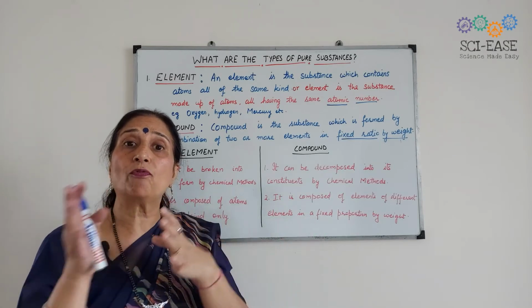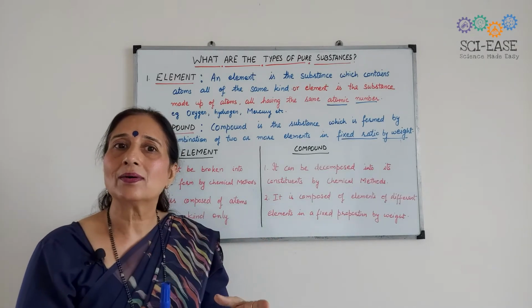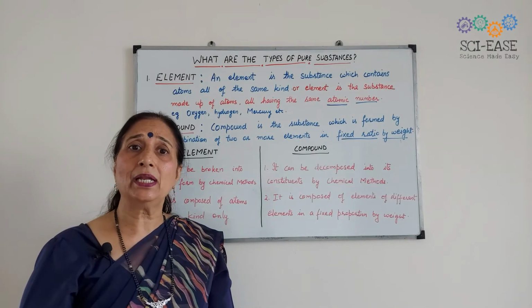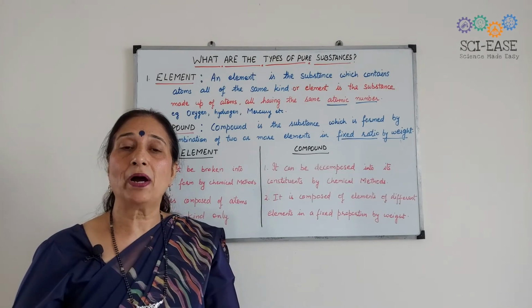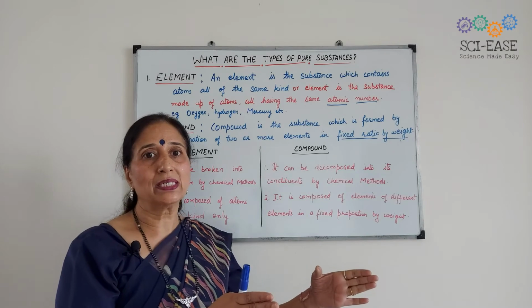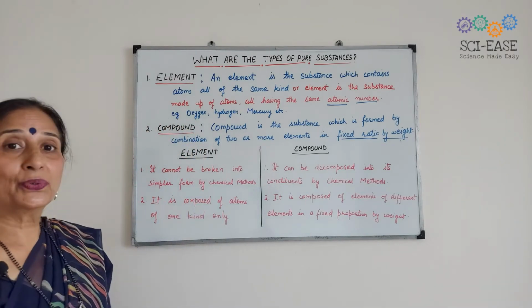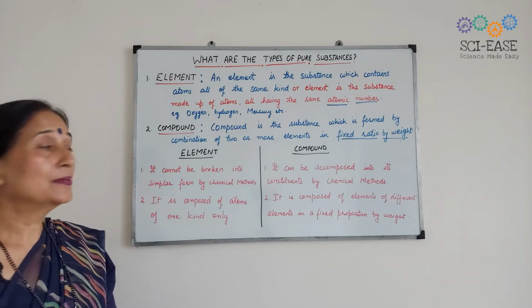The properties of water are altogether different from hydrogen and oxygen. So you can take any example and you can see that the properties of the compound are altogether different from the constituent elements.